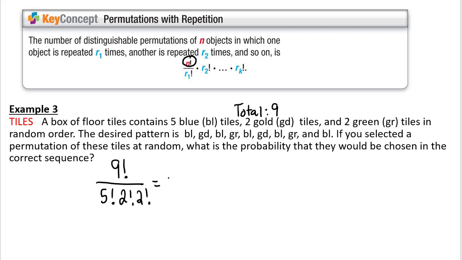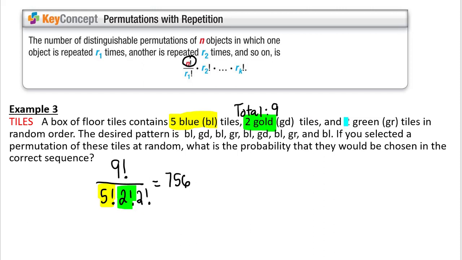This works out to be 756. So again, this 5 was that 5. This 2 gold was that 2.